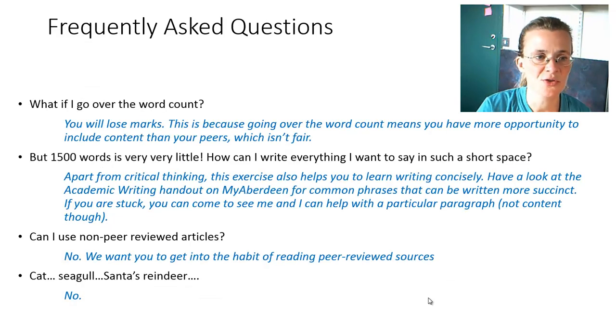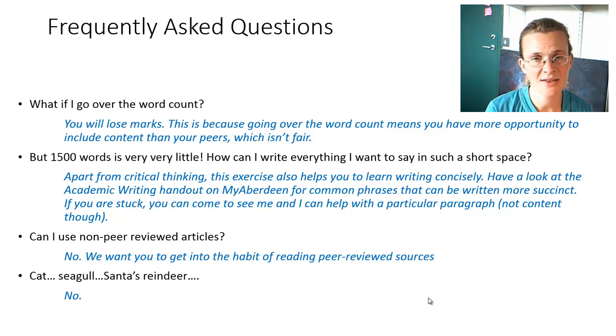Frequently asked questions. This is the question I get the most often. What if I go over the word count? I've written 3,000 words and the deadline is tomorrow. What do I do? Well, don't go over the word count.